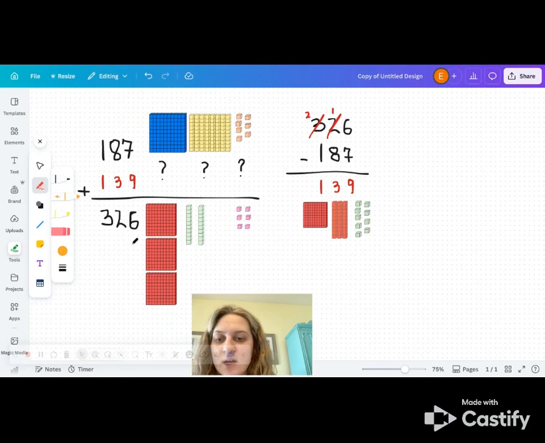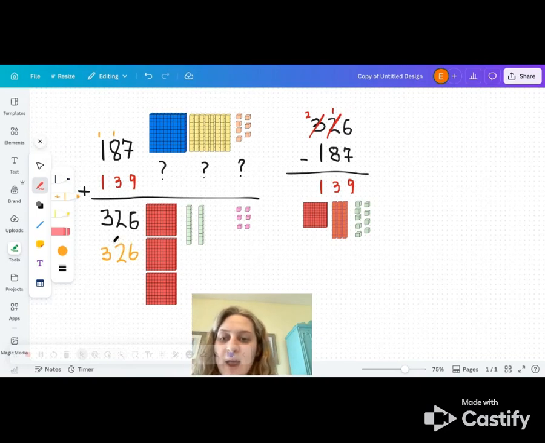So we have a 6 here. I'm just going to write this below. 6 there, and then we regroup those 10 ones into the tens place. So now we have 9, 10, 11, 12. So we have 12 groups of 10 in the 10 spot. So we will put a 2 in that 10 spot and then regroup 10 tens into the 100 spot. So then we have 3 100s, which gets us that 326.